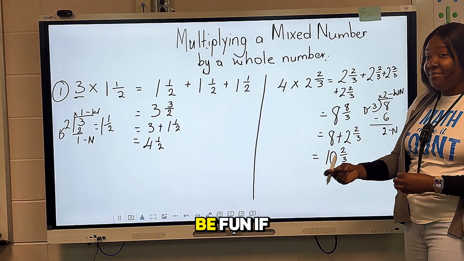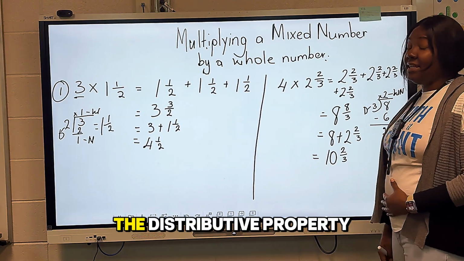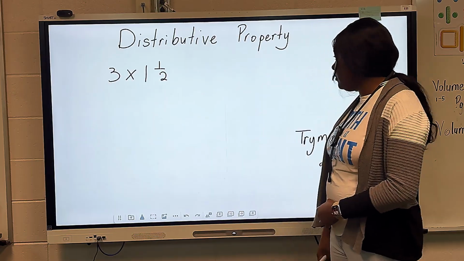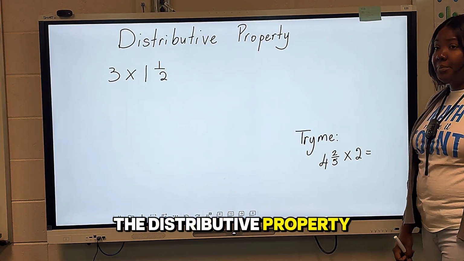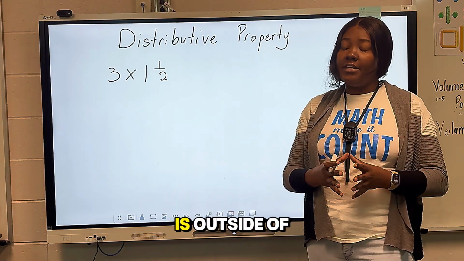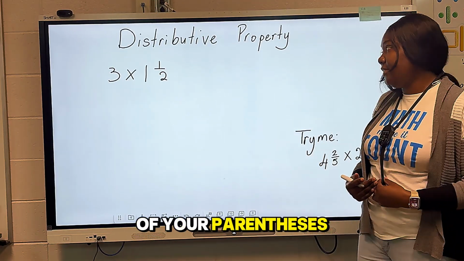Repeatedly adding can be fun if the numbers are small. Let's look at the distributive property. The distributive property, as the word states, means distributing whatever is outside of your parentheses to what's inside of your parentheses.